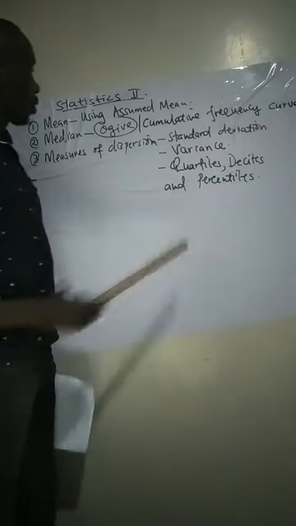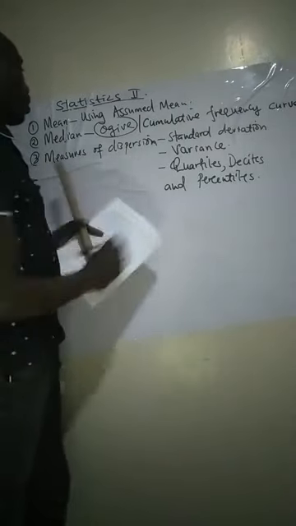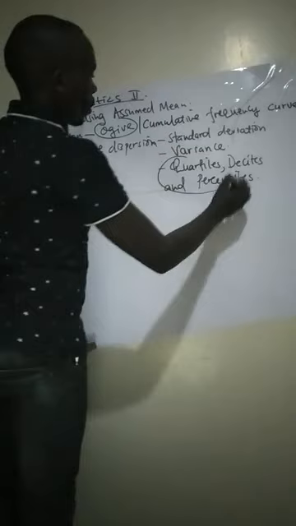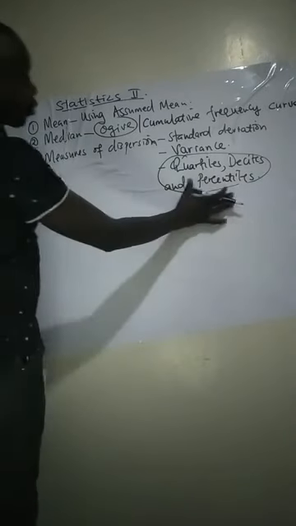And lastly, we shall talk about the measures of dispersion: standard deviation, variance, quartiles, deciles and percentiles. These will largely fall under the category of median, because we will be using the same formula for getting median to solve all of this.